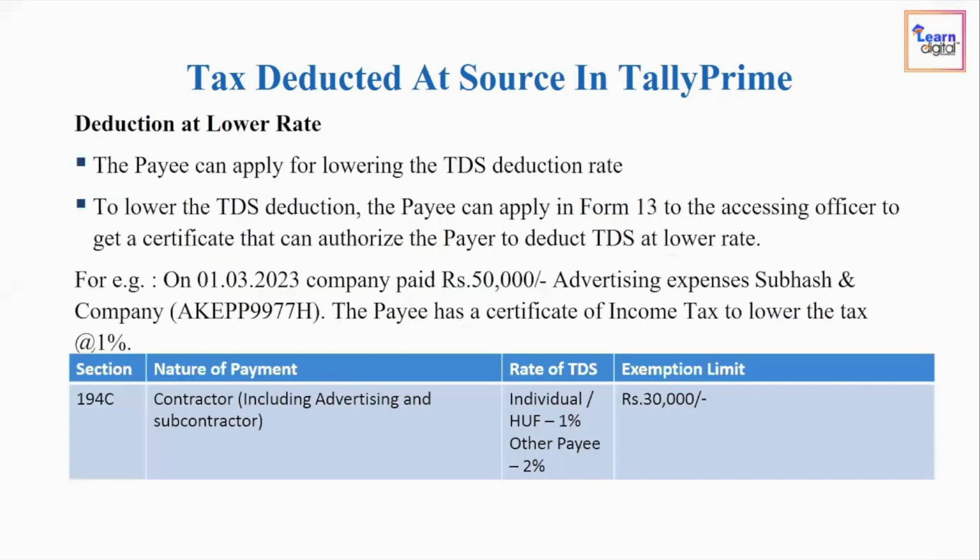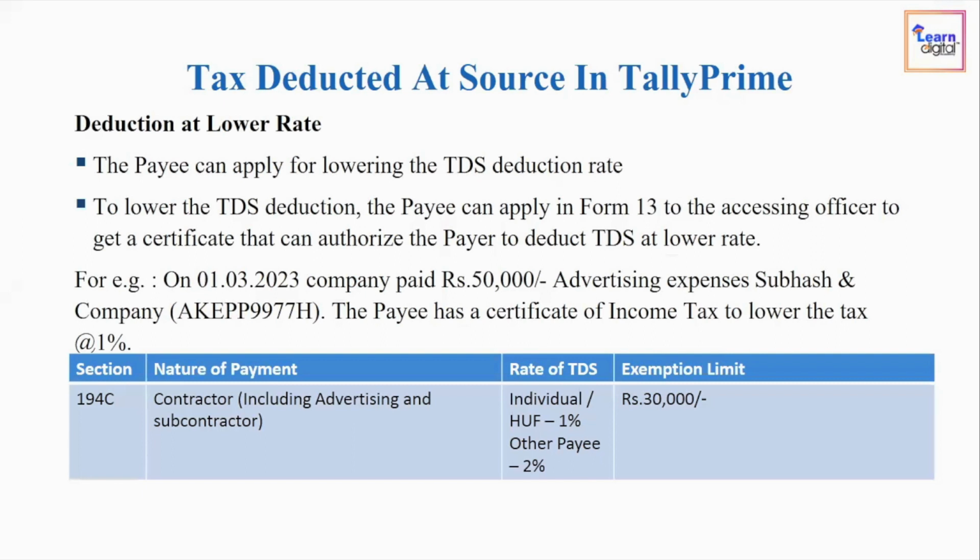Suppose deduction at lower rate is available. Means instead of deducting the TDS as per the different sections depending on the nature of the payment, the payee applies for deducting TDS at only 1% rate.